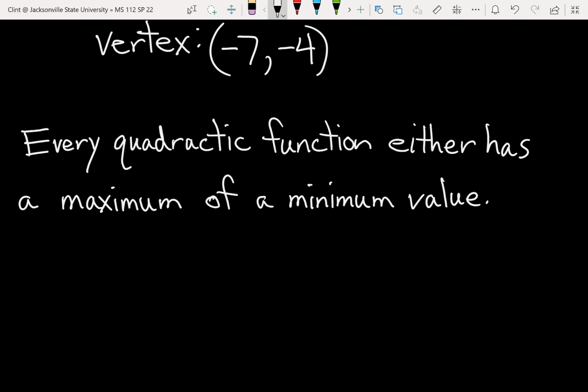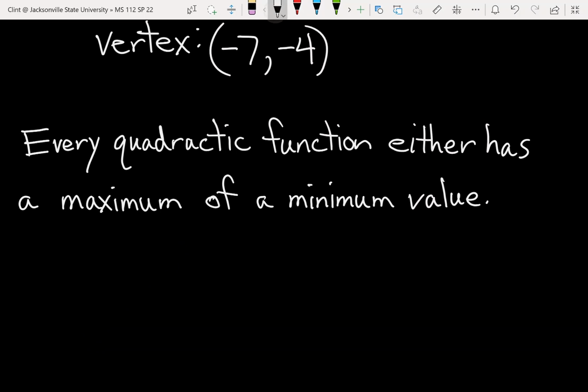That's not true for linear functions. If we just have some line in there, this keeps going up forever, so no maximum. It keeps going down to the left forever, so no minimum.